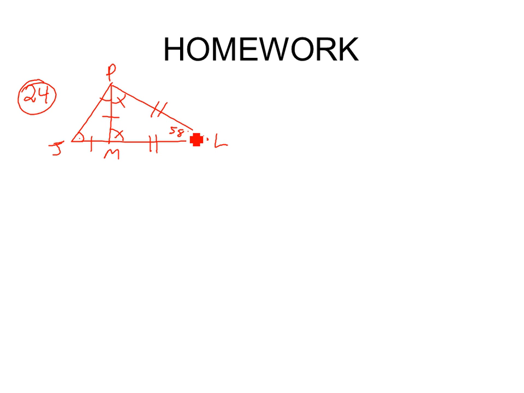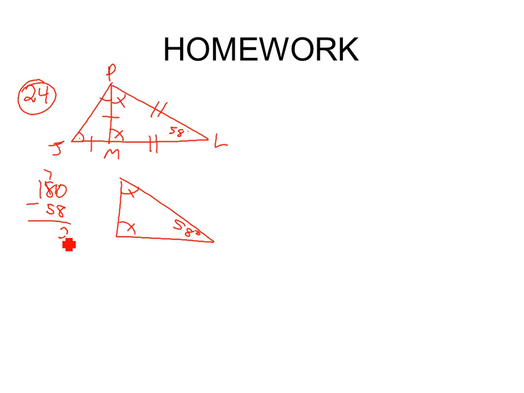Let's just find every angle that we can find in this picture. If I split off that triangle on that side, and that's 58, how can I find these other two angles? Good, 180 minus 58, divided by 2.